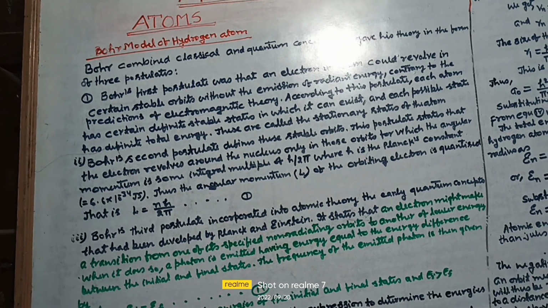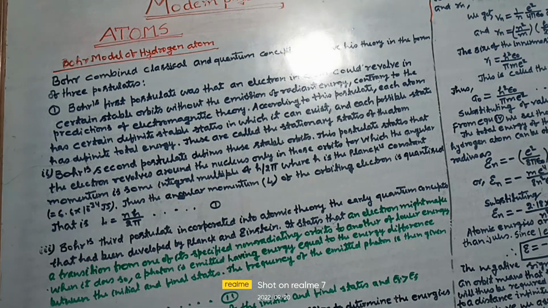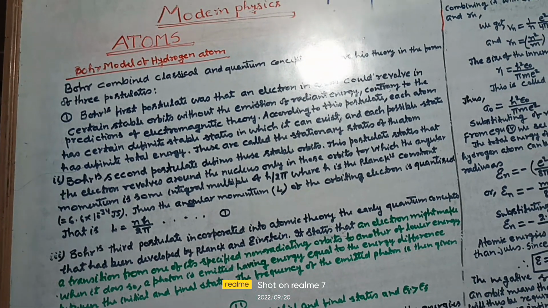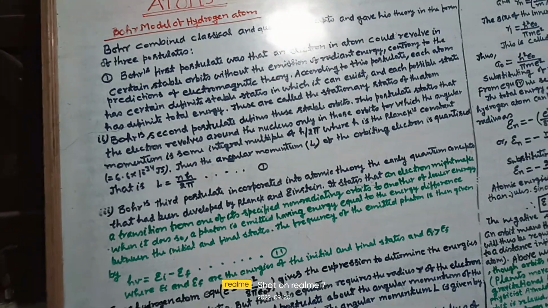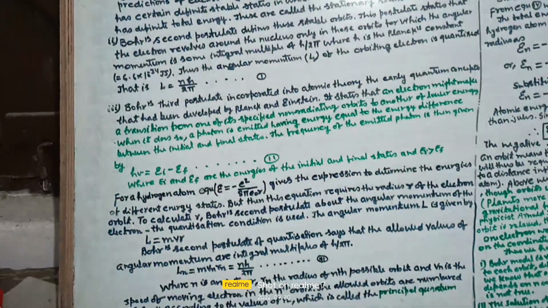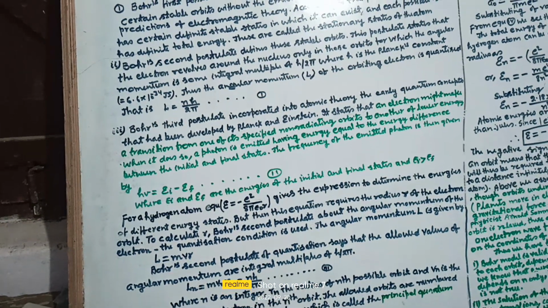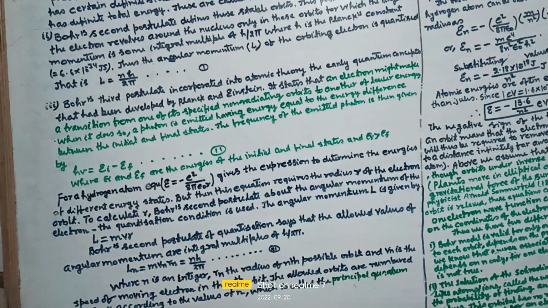When it does so, a photon is emitted having energy equal to the energy difference between the initial and final states. The frequency of the emitted photon is then given by hν = Ei − Ef, where Ei and Ef are the energies of the initial and final states, and Ei is greater than Ef.